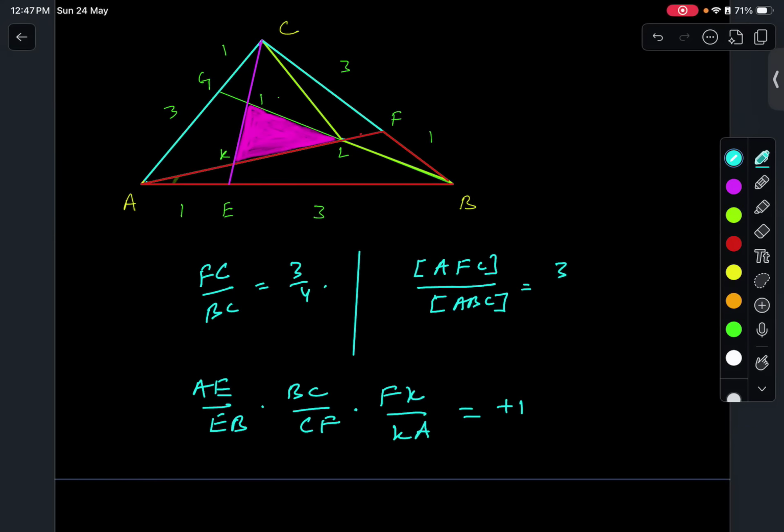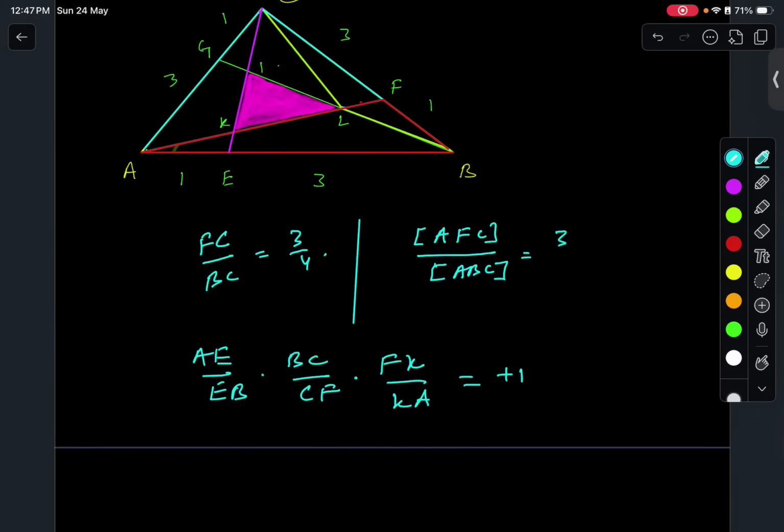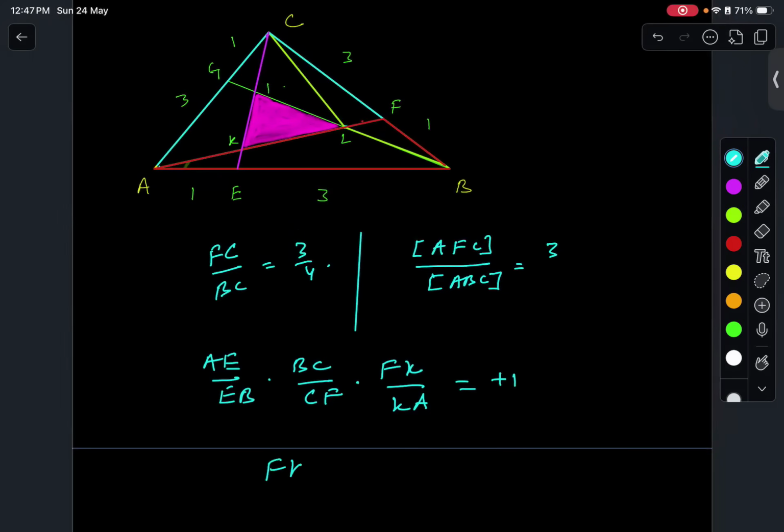So this is 1. So from this, can you find FK upon KA? Do it, everyone. Go for that.